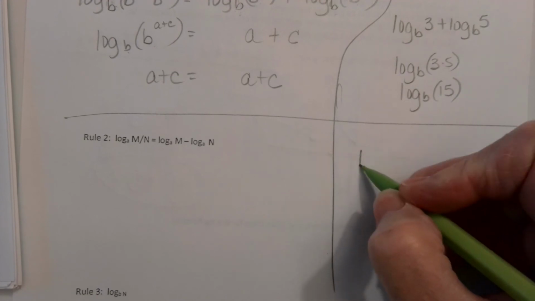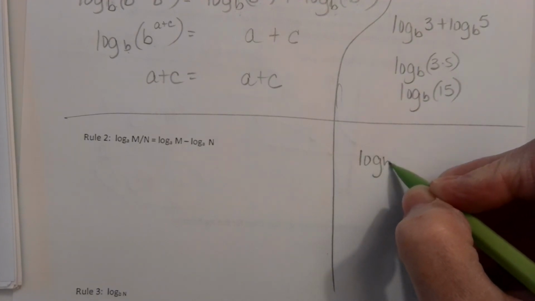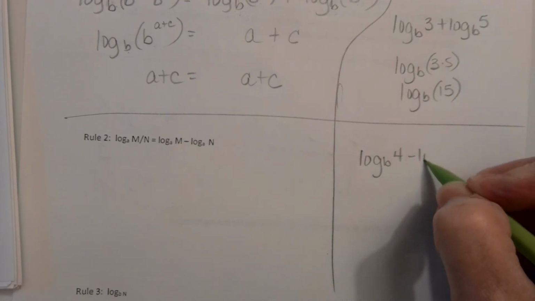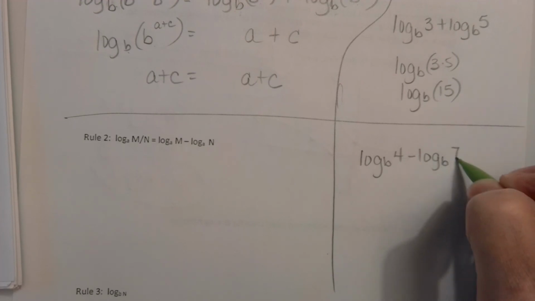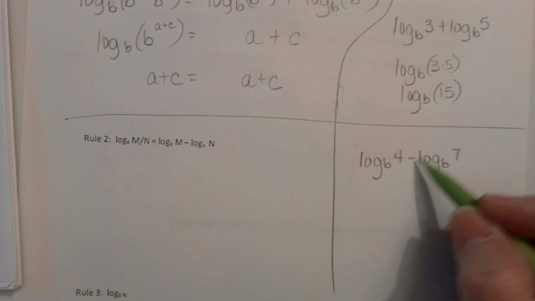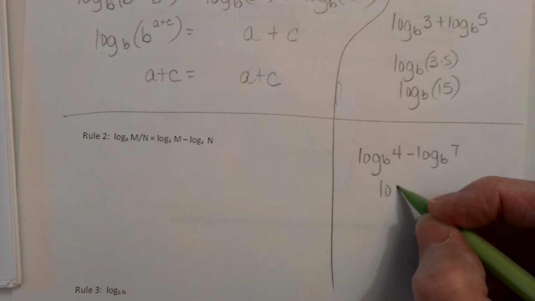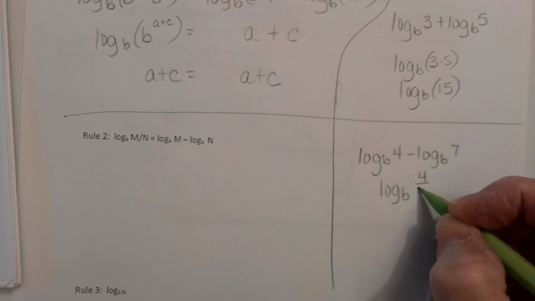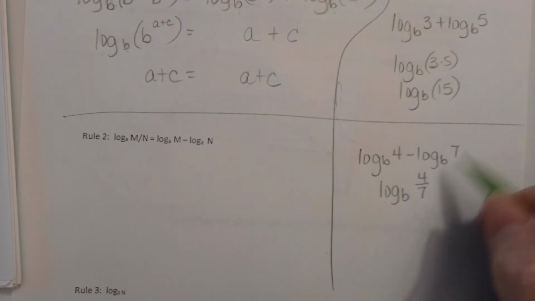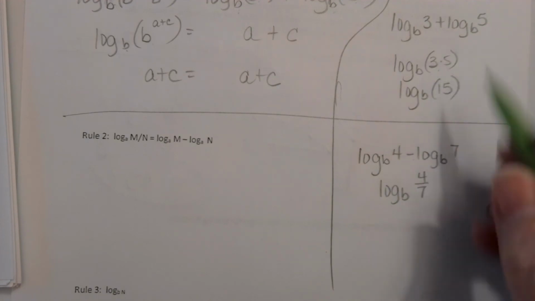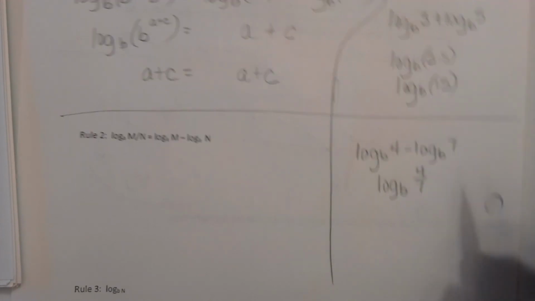For this one, it might look like log base b of 4 minus log base b of 7. Because it's minus and not plus, it's going to become log base b of 4 over 7, division. When it's plus, it's multiplication. When it's subtraction, it's division.